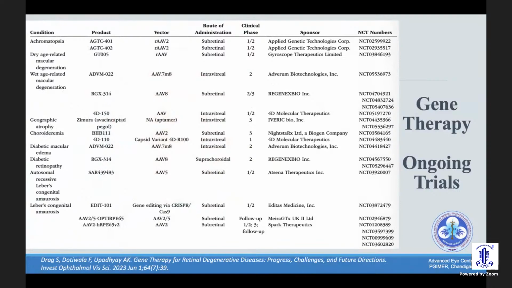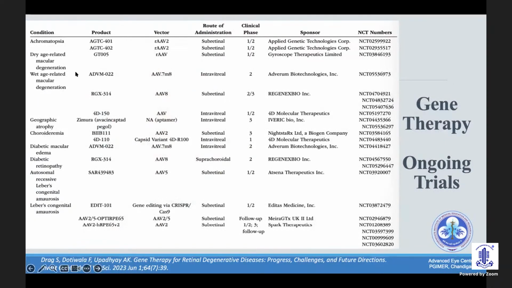This is just a non-exhaustive summary, to know what diseases are currently being targeted with gene therapy. These are trials, and you can see the phase of the trial that they are currently in. Achromatopsia is one thing being targeted, involving the CNGB3 gene, soon going to enter phase 3 trials.